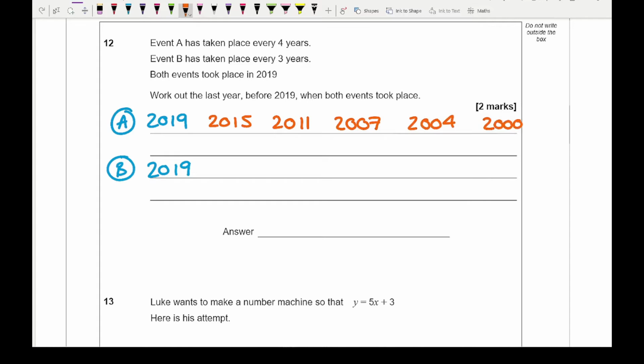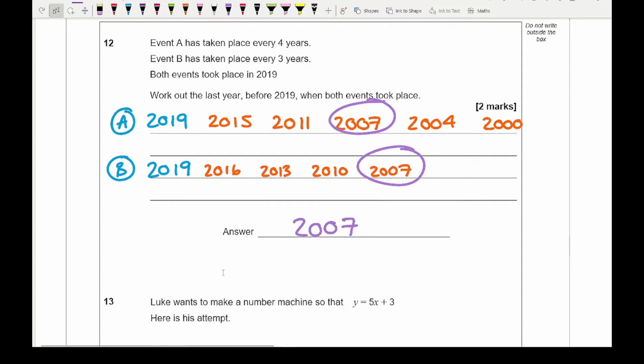And let's see if I need to then continue from this. B was every 3 years, so then it's going to be 2016, 2013, 2010, 2007, and as you can see there, I've got a pair. So the previous year that both events took place was 2007.